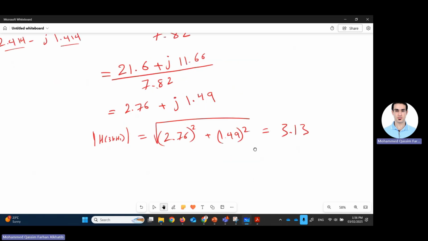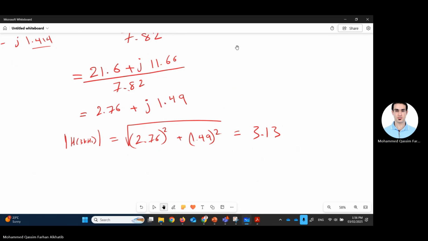If you want to find the phase shift, tan inverse. Okay, if there is a question, tan inverse of 1.49 over 2.76. How much?